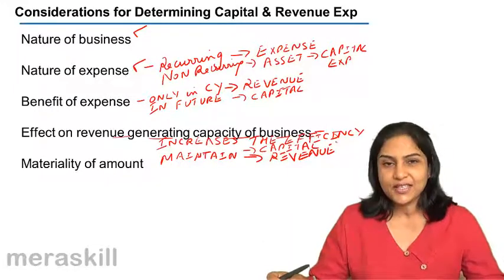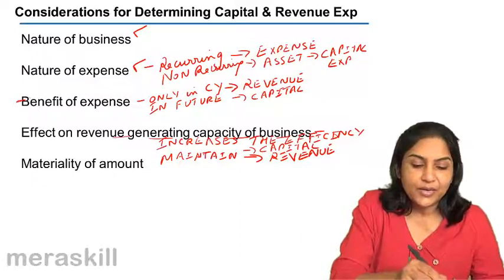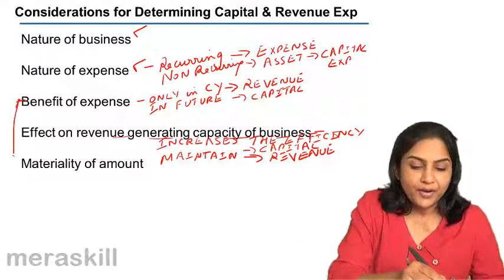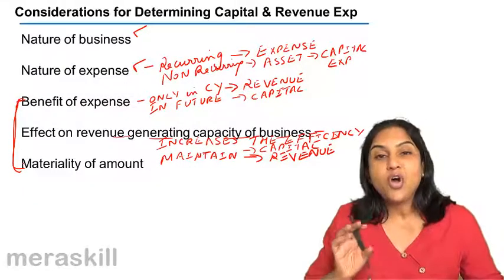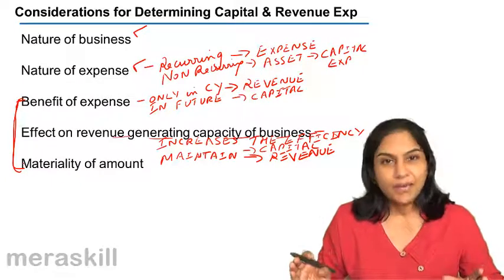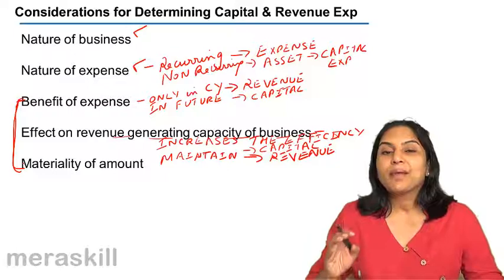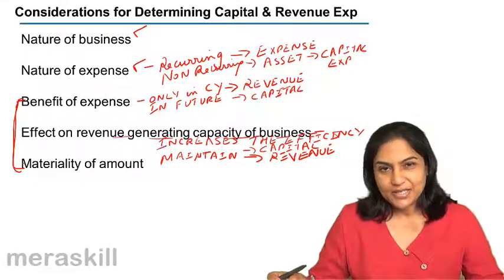In such a case, though the benefit of the expense on the calculator would be got over more than a year, the amount involved is not material, not significant. It is not very big. So such an amount may not be capitalized. We would just write it off as an expense.